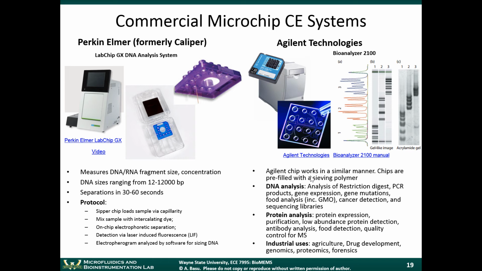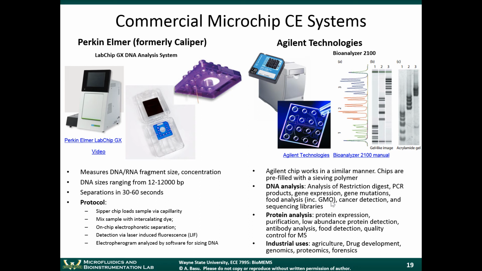So here are some examples of what you can do when you separate and quantify a mixture of chemicals. Let's say you're separating DNA and quantifying it. This can be used to analyze fragments, molecular footprinting, as I mentioned earlier, for forensic applications. It can be used in the analysis of food. So you've all heard of GMOs, genetically modified organisms.